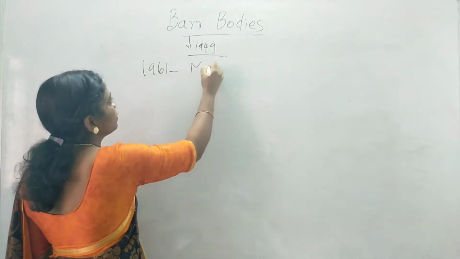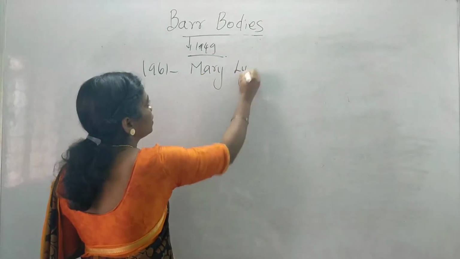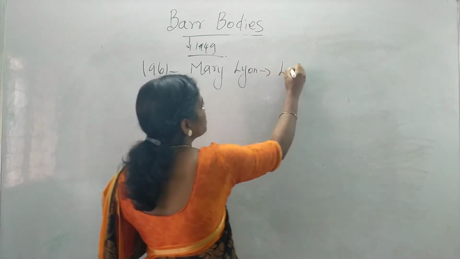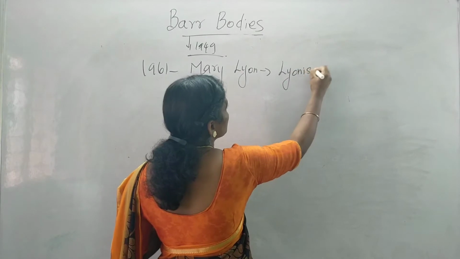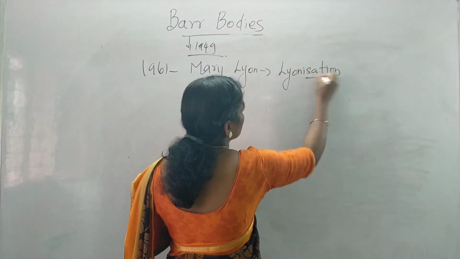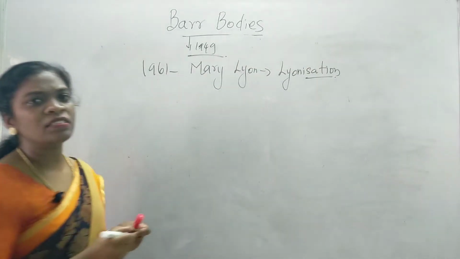After the discovery of Barr bodies in 1949, in 1961 Mary Lyon proposed the lionization process. What is lionization?